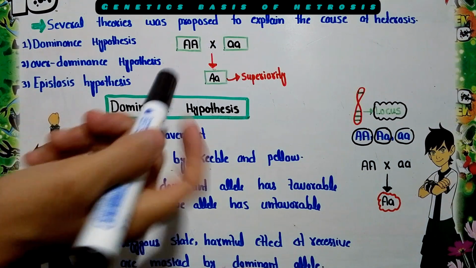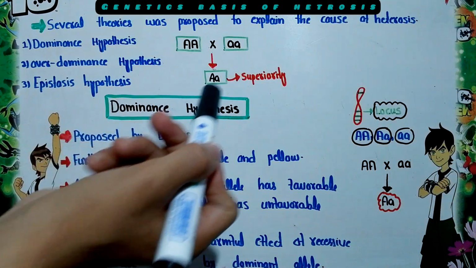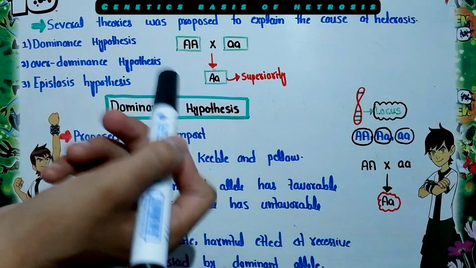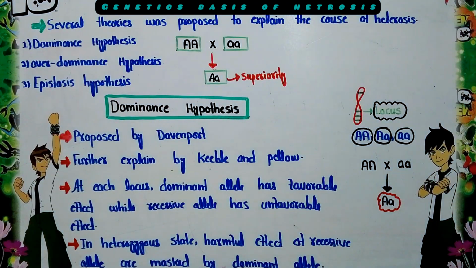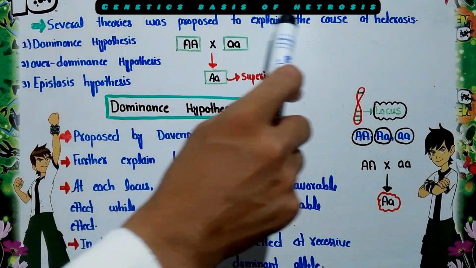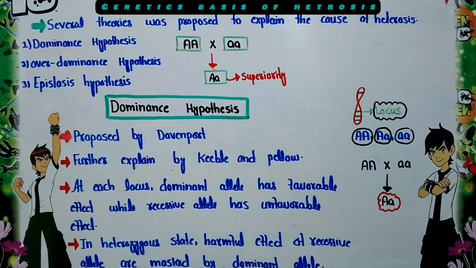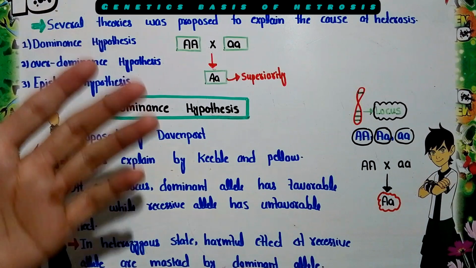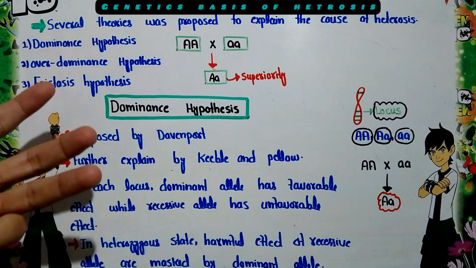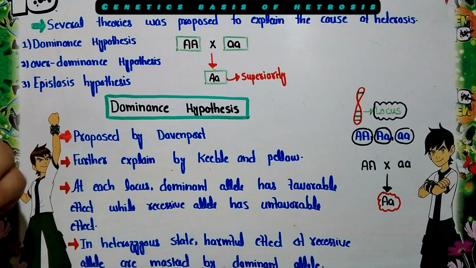Now why does this hybrid vigor, or this heterozygote, show superiority over its parents? What are the causes of this superiority? Many theories were proposed to explain the genetic basis of heterosis.